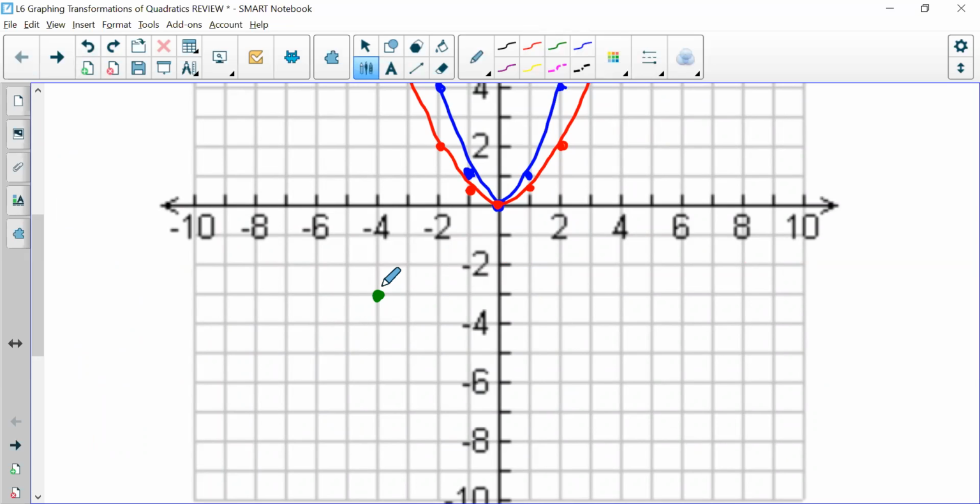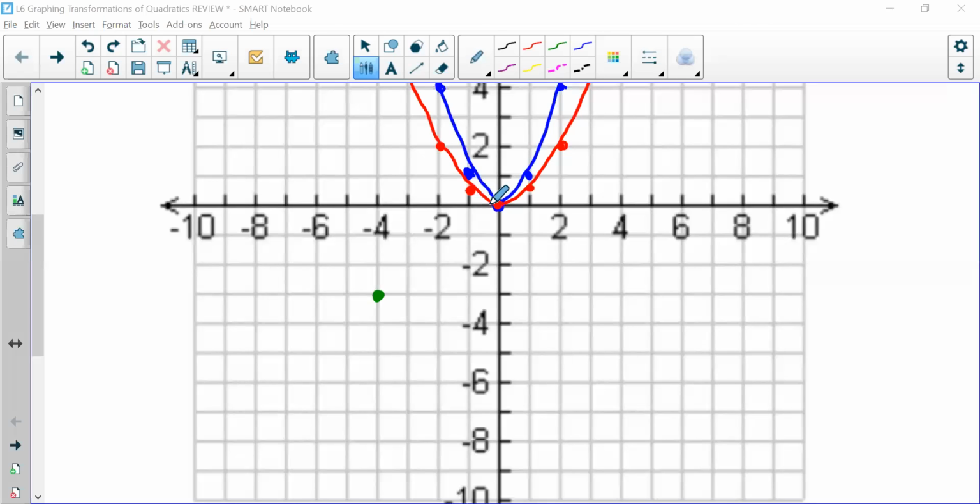And just wondering how many of you guys are shifting every point. Okay, so if I'm shifting all of them, you're shifting them all left 4, down 3. It's hard with the halves, so just be really, really careful. So left 4, 1, 2, 3, 4, down 3, 1, 2, 3.